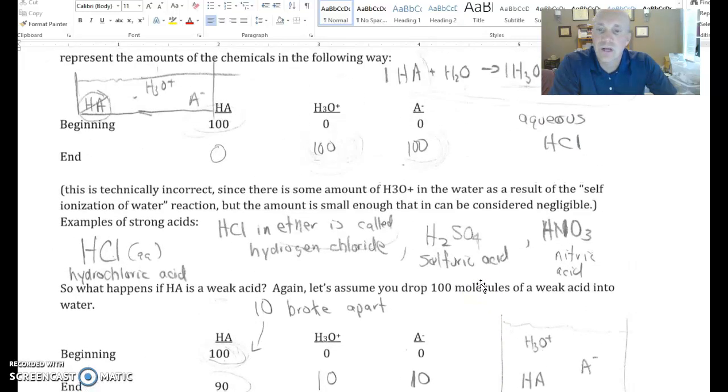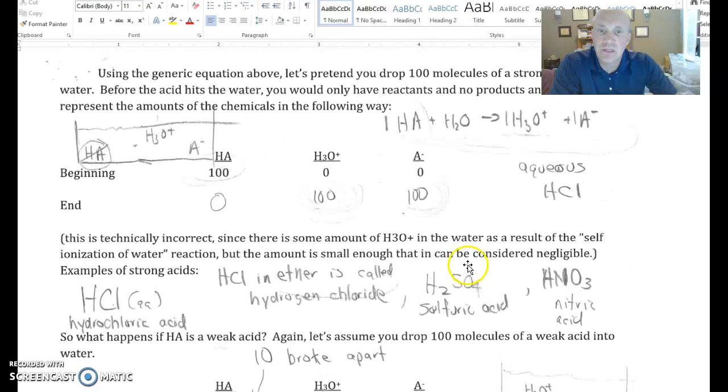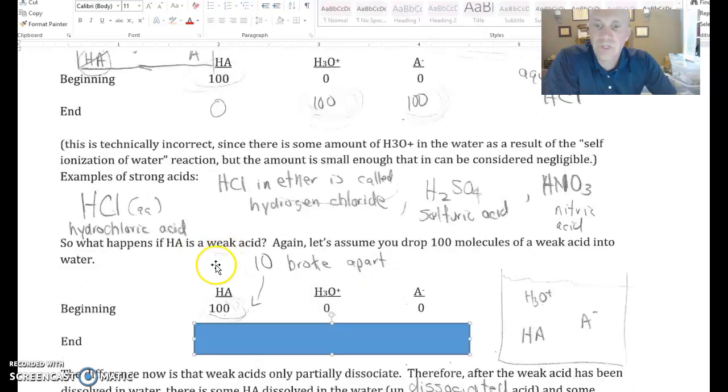All right, so let's compare this to the example with a weak acid. Again, a weak acid is an acid where only some of it is going to break apart. Let's pretend that you drop 100 units of HA into water. In the beginning, you have all HA and none of these things right here, just because it hasn't contacted the water yet.